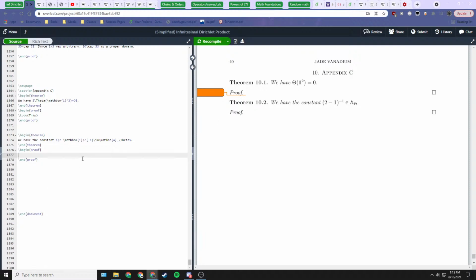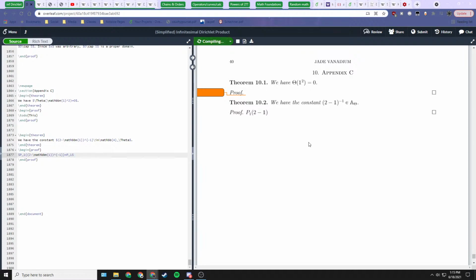So the reason that this is valid: if we have 2 minus this bold 1, and we take the projection on the first index, P1, sorry, this should be inverse. If we take the P1 projection, P1 commutes with the complex analytic functions.